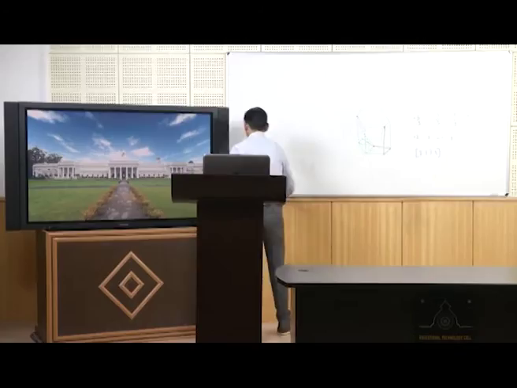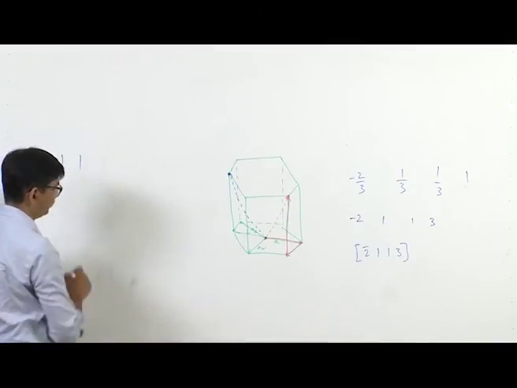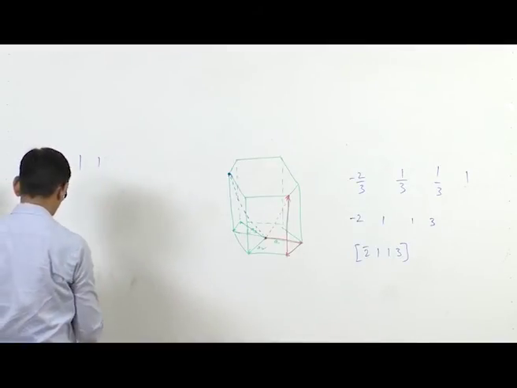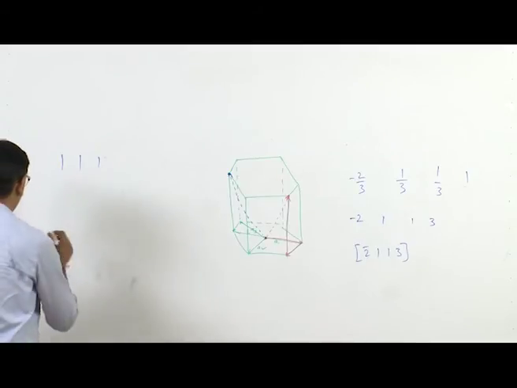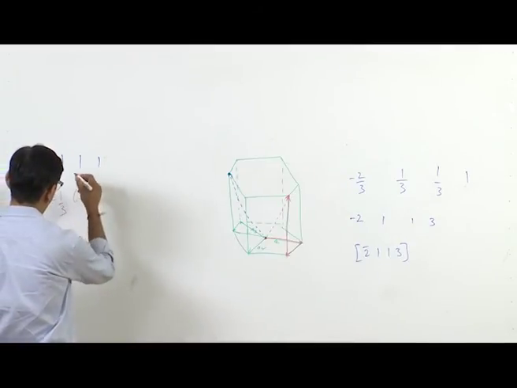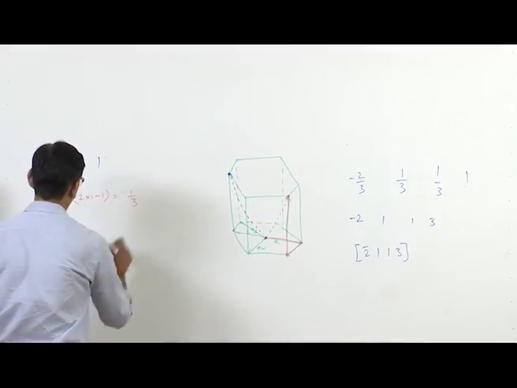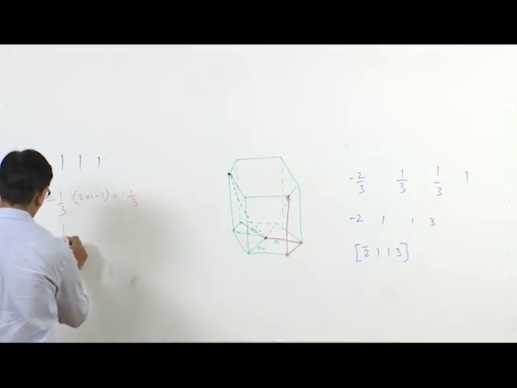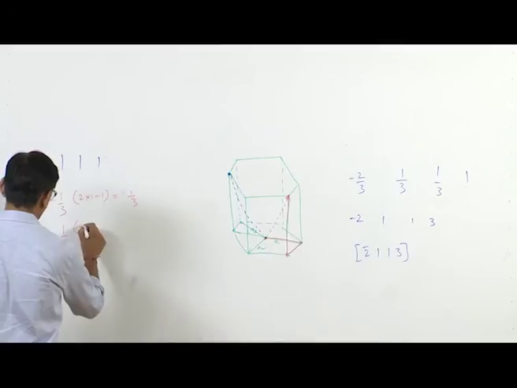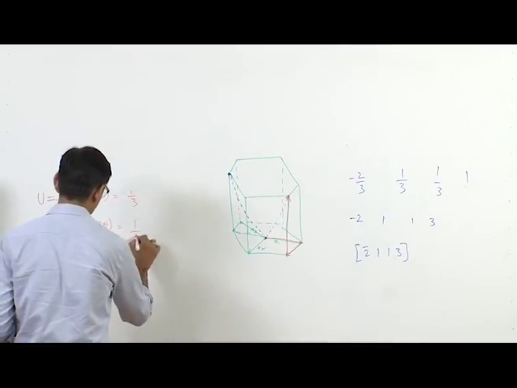So this will be, in 3 indexing system, positive in A1 positive 1, then again A2 positive 1 and in C again it is positive 1. So let us now find out our indexing for this. u, again 1 by 3, 2 into u minus v, is equal to 1 by 3. v, 1 by 3, it is minus of u plus, I will write only 1, plus 2 into 1 will give you again 1 by 3.